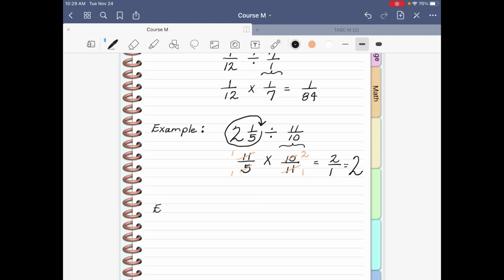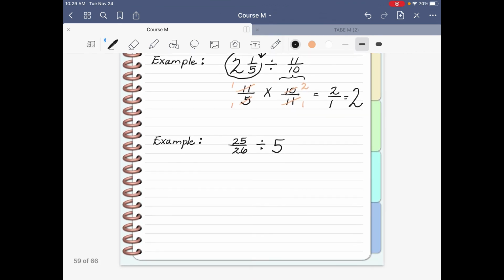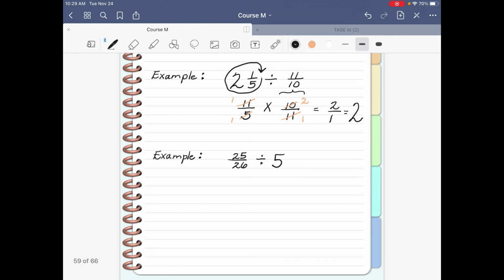Another example. 25 over 26 divided by 5. Make any mixed numbers mad. There are no mixed numbers. Put a 1 under whole numbers.